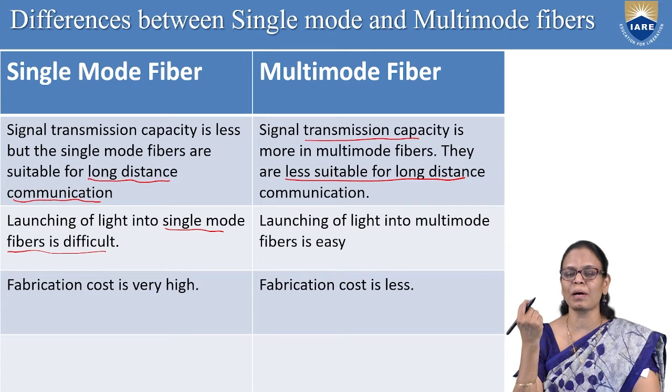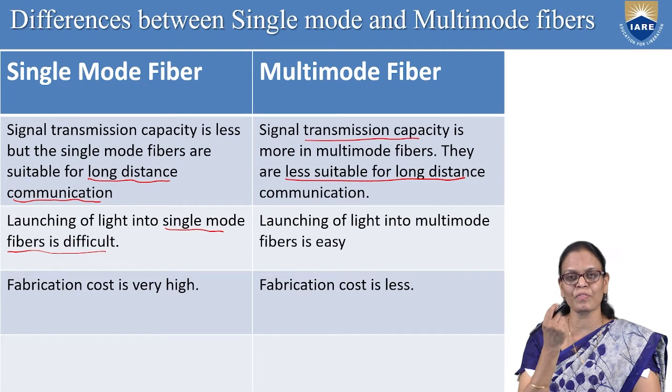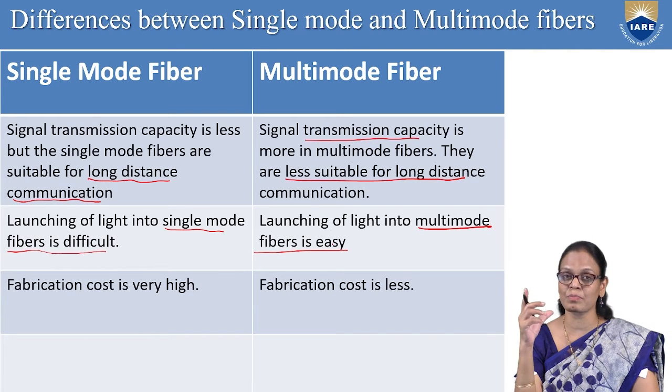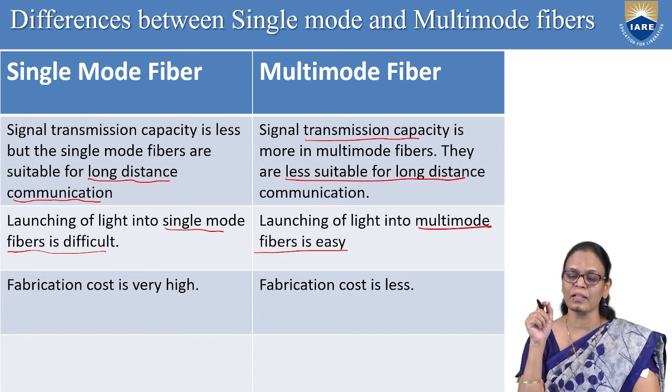When the diameter of the core is very small, the launching of the signal into the core becomes very difficult. But in multimode, because the diameter of the core is large, the signal can be launched very easily.